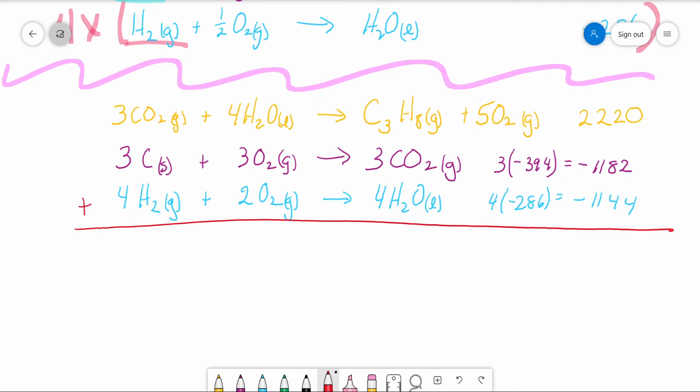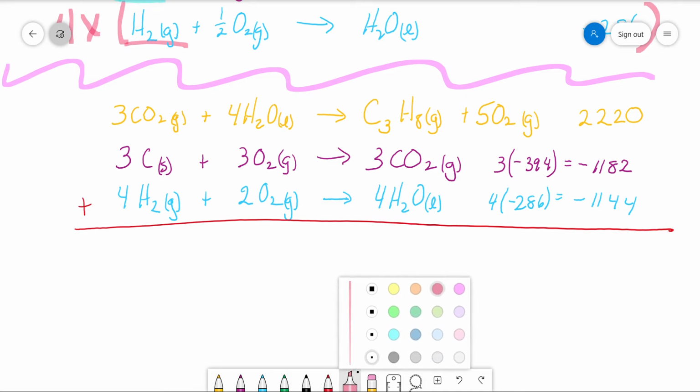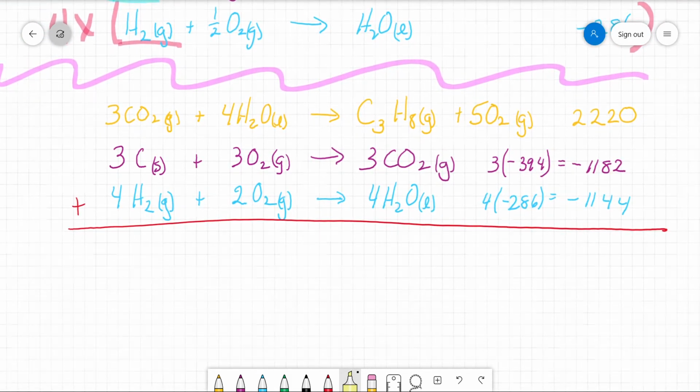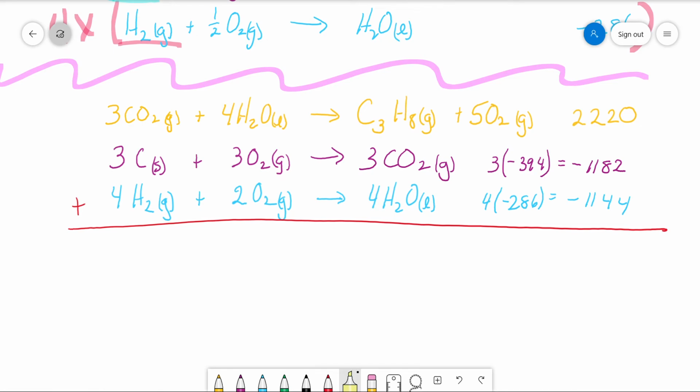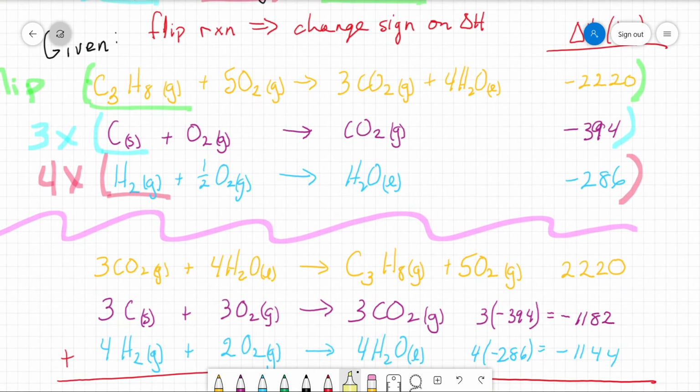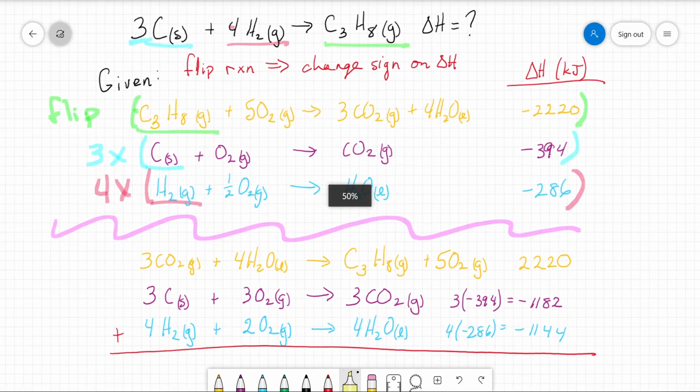Now what I'm going to do is add these all up. You can add them all up, write all those reactants down, then write all the products down and cancel. I just like to save myself a step. Here's the way I like to do it. It's handy to have the reaction up on top, so let's shrink this a little bit.